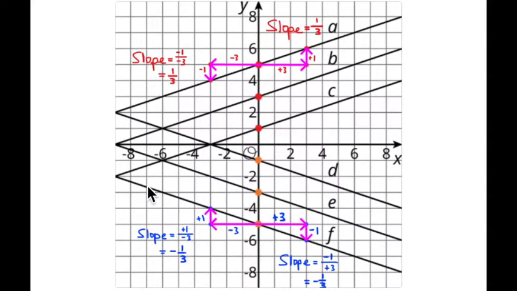All right, so if you draw this line, you give your partner the y-intercept. So this is at (0, -5), (0, -3), and (0, -1). And then the line has a slope of -1/3.